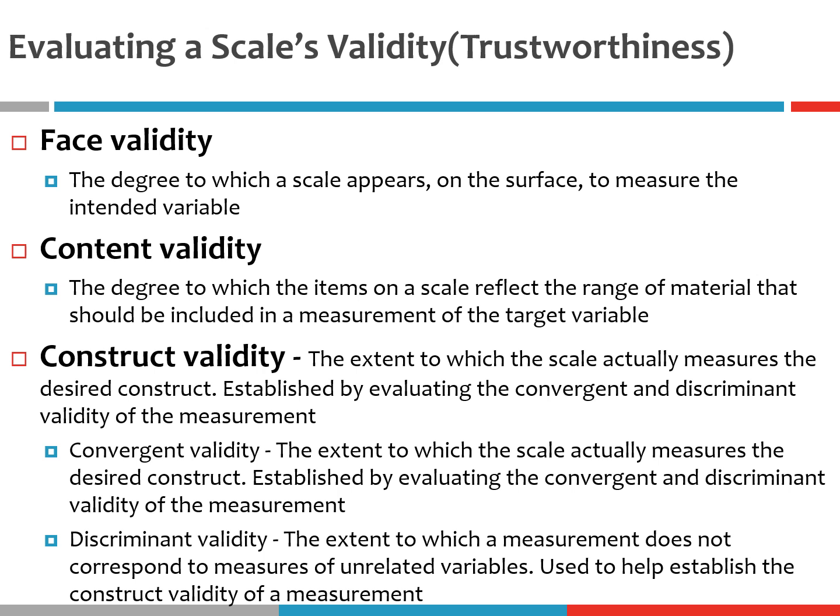Your scale on anxiety should not correlate with the Beck Depression Inventory, because your scale measures anxiety and the Beck Depression Inventory measures depression. So you would hope for a negative correlation there, or a zero correlation there. I mean, obviously zero would probably be best. You don't want your scale to correlate with a scale of something that's not related, right? So anxiety and depression are somewhat related, but you wouldn't want a high correlation there.